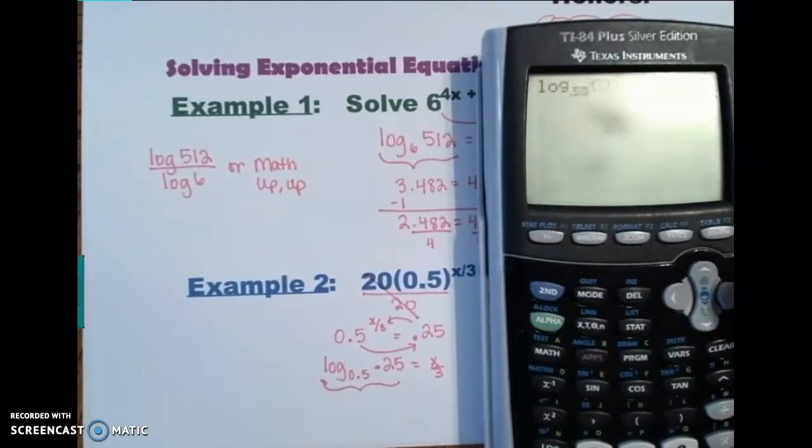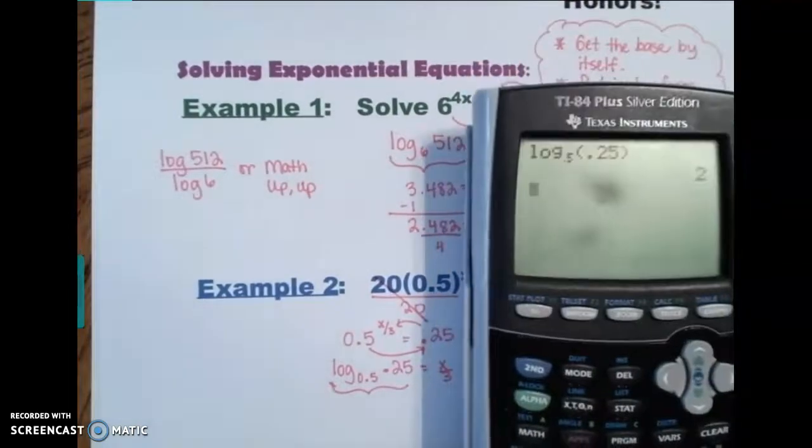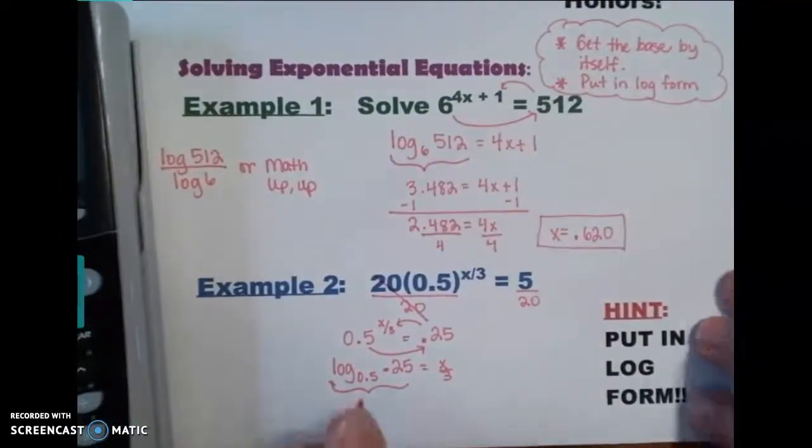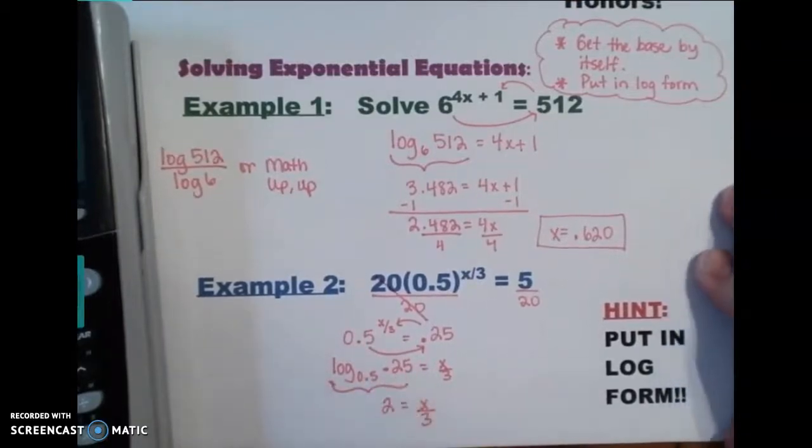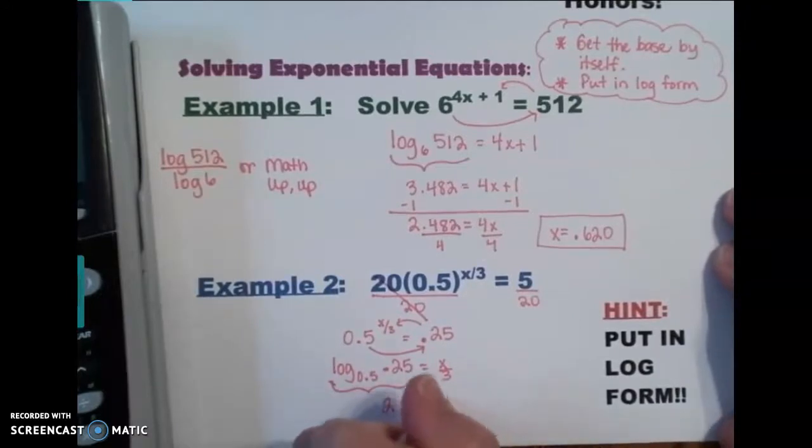So we have 0.5 as our base and 0.25. So our answer is 2 there, which made that a lot easier than what it looked to begin with. So you then have a fraction. You want to multiply by the denominator on both sides. Therefore, x is 6 for your solution.